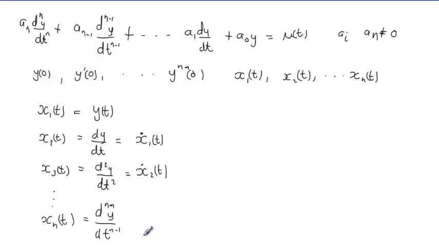Like we can see here, x3 is the derivative of x2, and so we have x_n minus 1, first order derivative as a function of t.